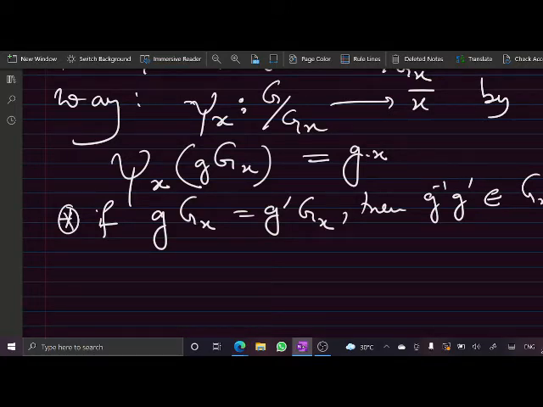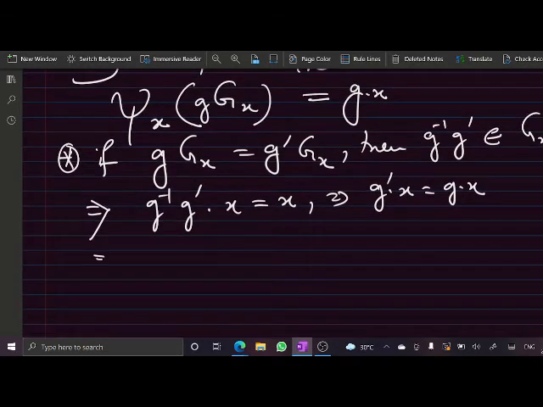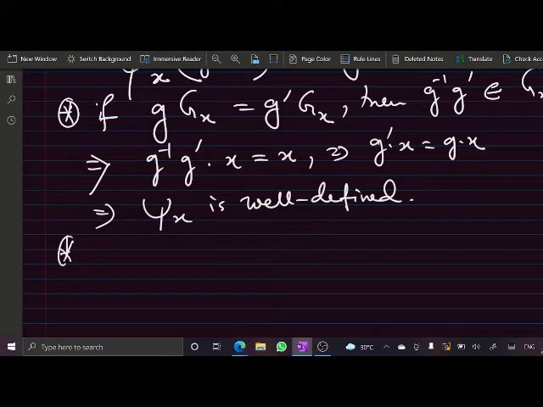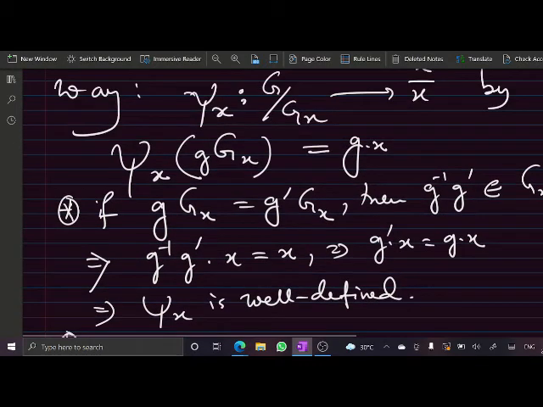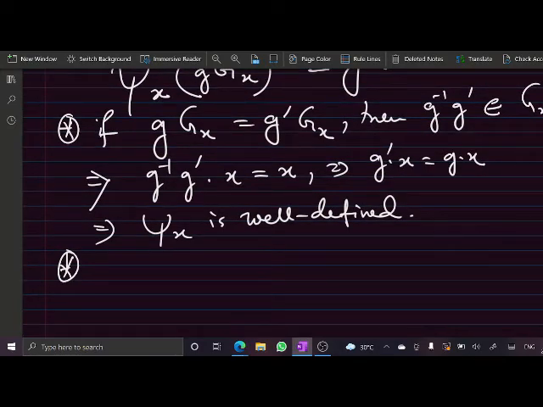And this implies g inverse g dash x equals x. So therefore g dash dot x equals g dot x, so therefore psi x is well defined. Now it is a well defined map between these two G sets. Clear? Now is it a bijection?